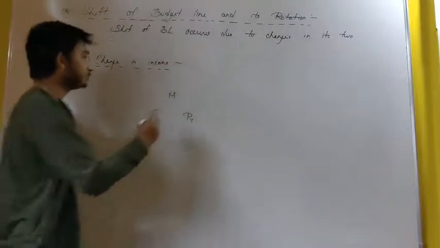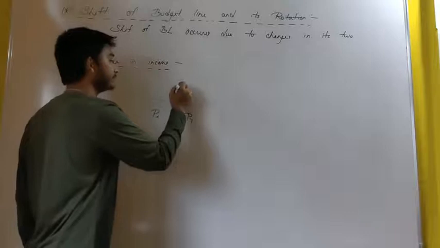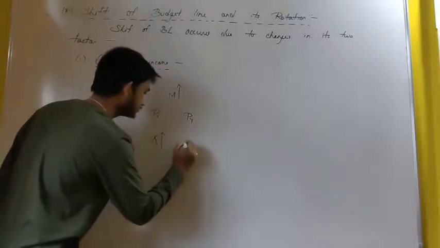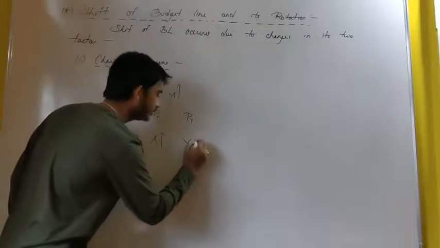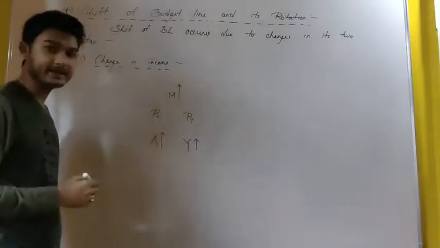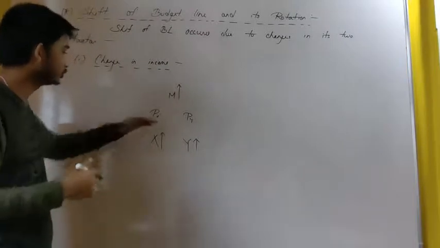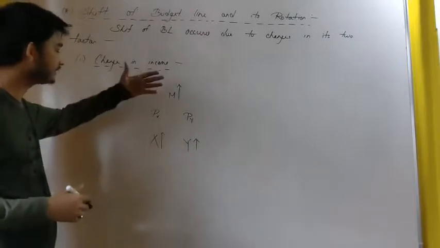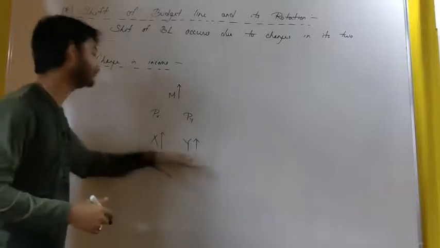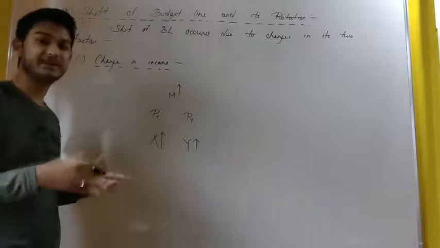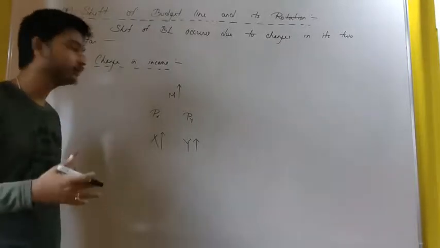if income of the consumer goes up, then I can buy more of good X as well as more of good Y. So, in such cases, given the prices of two goods, when income of the consumer rises, he can purchase more of both goods, and as a result, the budget line will shift rightwards.